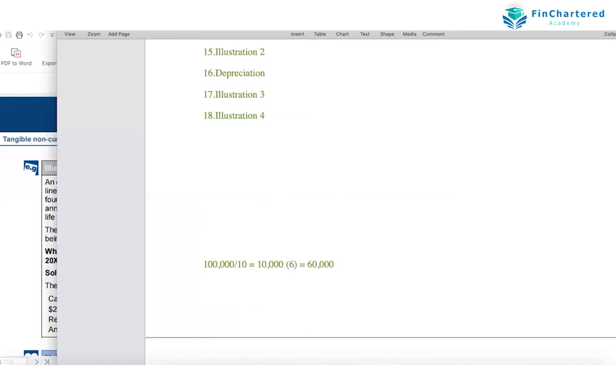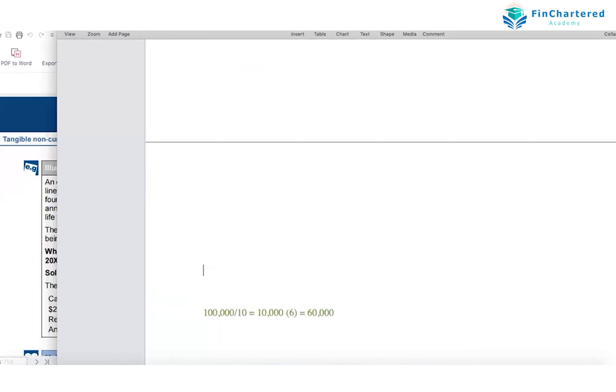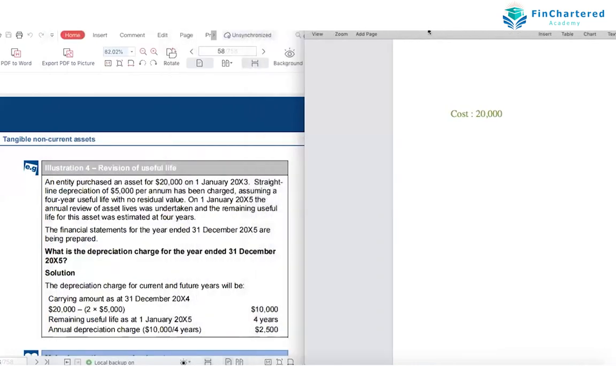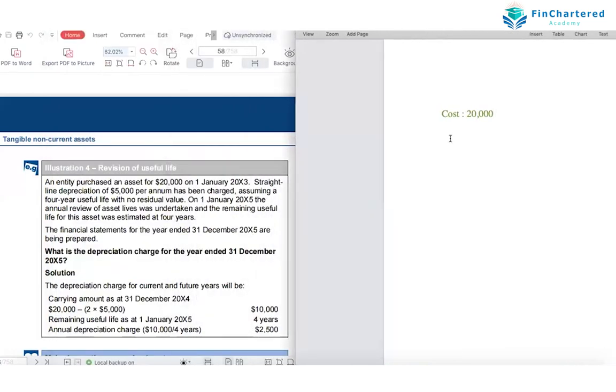So cost is, let's put it, 20,000. Straight line depreciation of 5,000 per annum, so yearly depreciation is 5,000. We're assuming a 4-year life, meaning that 20,000 is the cost and we will use the asset for 4 years. So yearly wear and tear is 5,000.